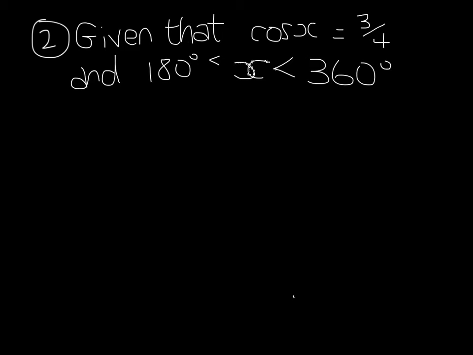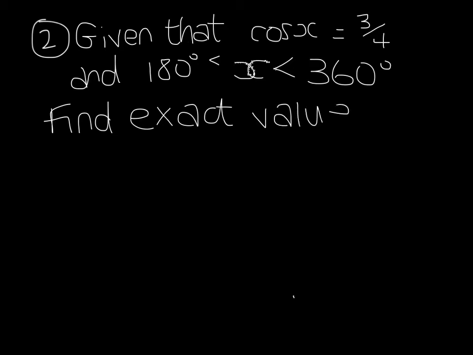I want you to find the exact value, so keep it in its exact form with the roots in it, of sine 2x. If you were given that question, we need to think about how to work out the other ratios in terms of this value.